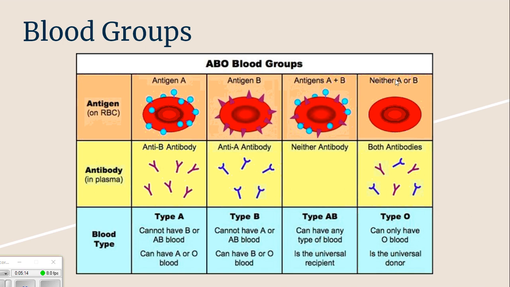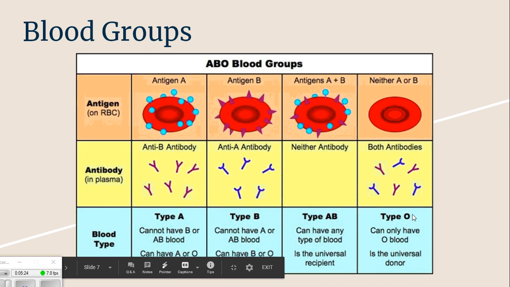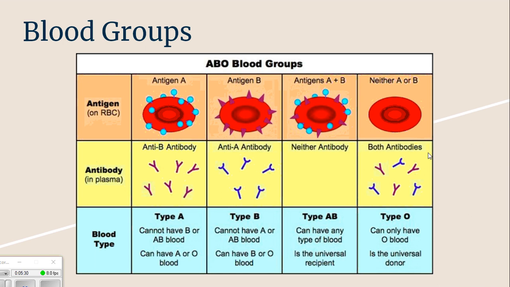And then somebody who has neither antigen A or antigen B on their red blood cell surface, so they have neither antigen present, are referred to as type O. And these people will have both types of antibodies circulating in their blood.